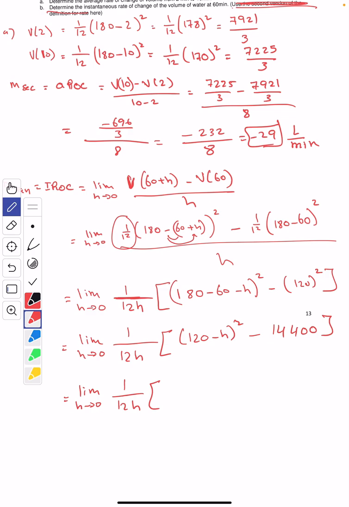So that's going to be 120 squared, which is 14,400, minus 2 times 120, 240h, plus h squared. Again, I used the quick one, the perfect square expanding. Now, look at this. This and this cancel each other, and I'll be left with negative 240h plus h squared.